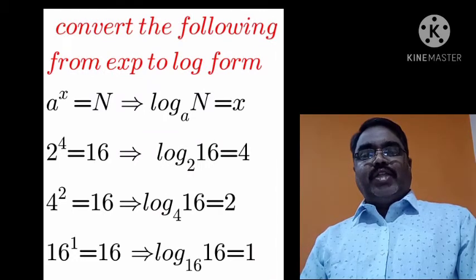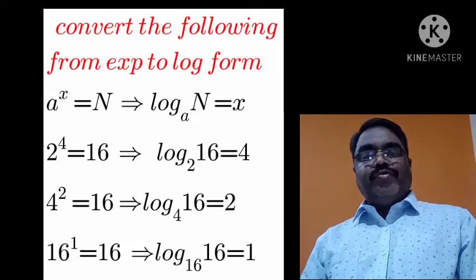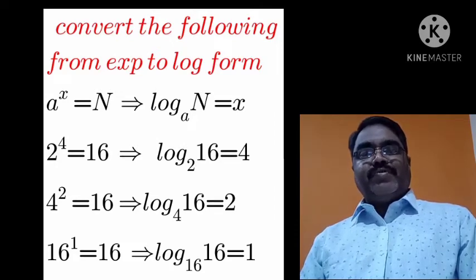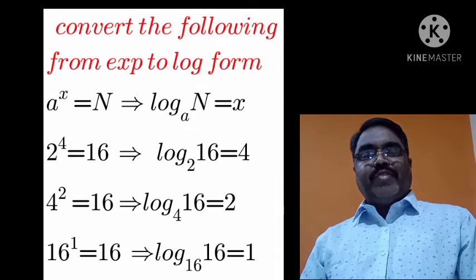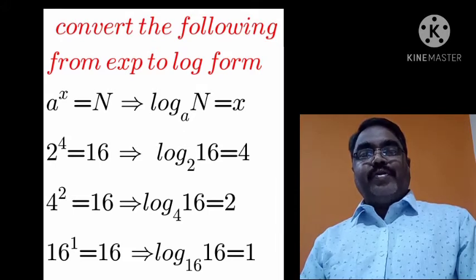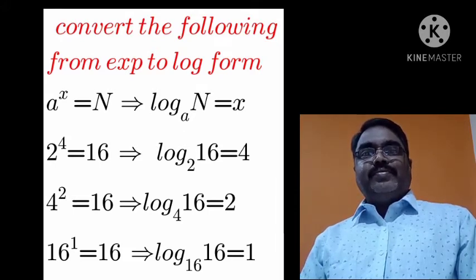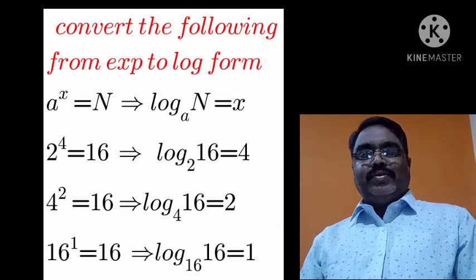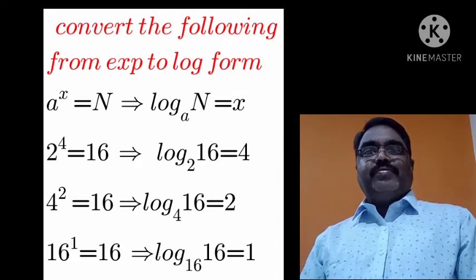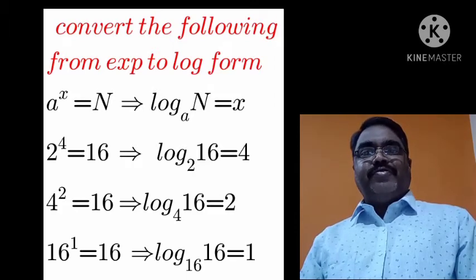Here, logarithm of 16 is considered to the different bases 2, 4 and 16. Their values also we get differently: 4, 2 and 1. It is an important result that logarithm of the same number to different bases is different.